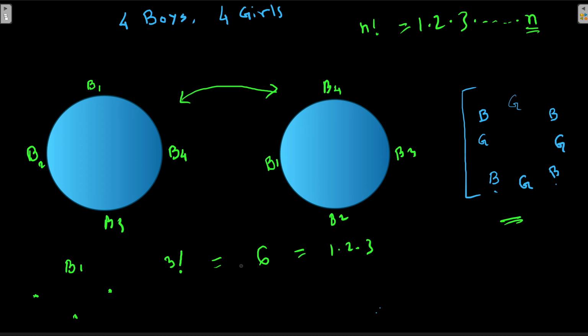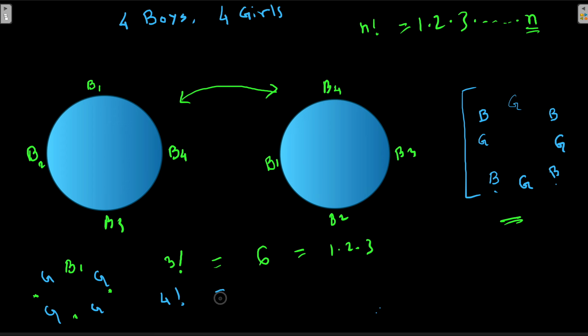Now for each of these 6 arrangements of boys, girls can sit in between: one girl, second, third, and fourth. In how many ways can they sit? Four girls are sitting in these vacant positions, so you can permute them in any way of your choice.